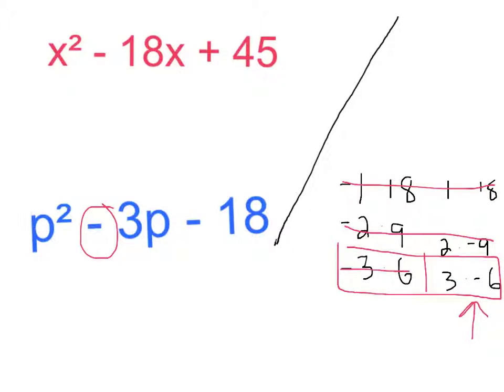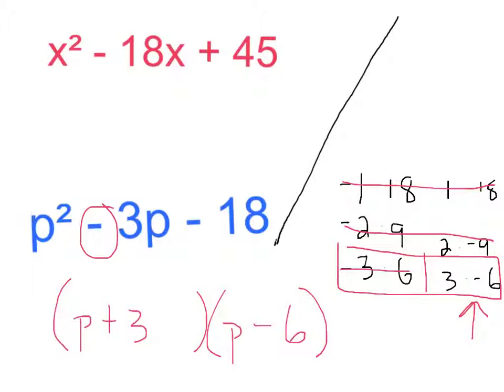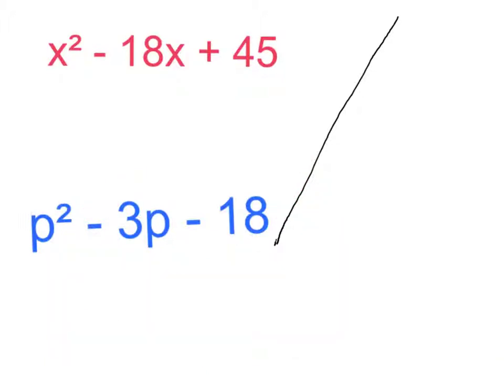Negative 6 plus 3 gives you a negative 3. So my answer, 2 binomials. This time my variable is p, and I'm going to plug in plus 3 and minus 6. You can always check your answer by going through FOIL and seeing if you get back here. 3 times negative 6 is negative 18. 3 plus negative 6 is negative 3. Perfect.